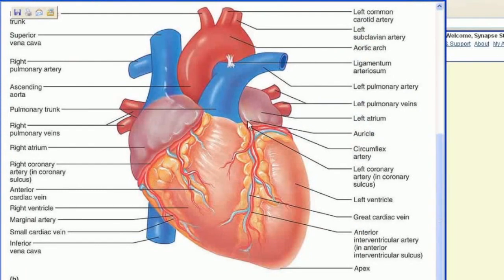And on the other side over here on the left, there's a groove there with blood vessels in it. The major blood vessel in that groove is called a coronary artery or coronary vein. That's the basic name for those structures.